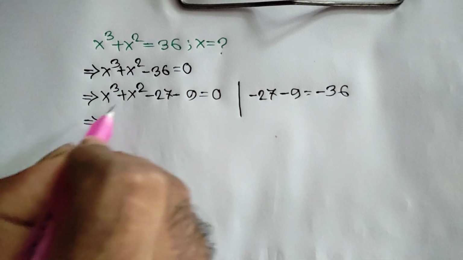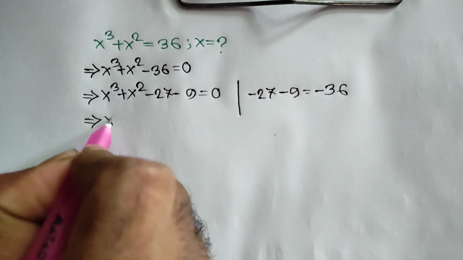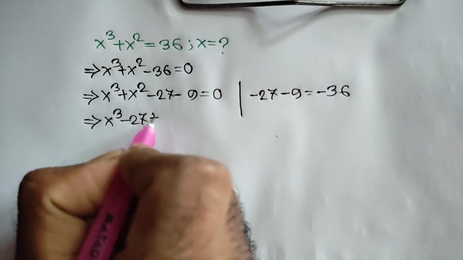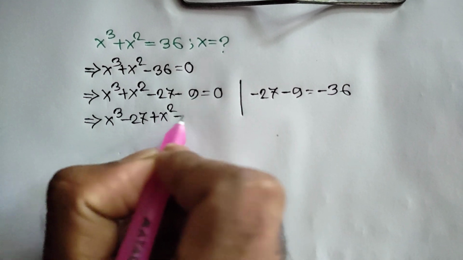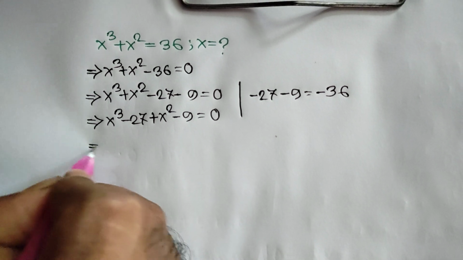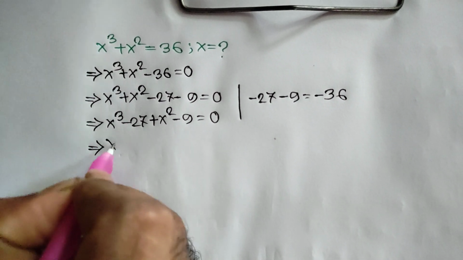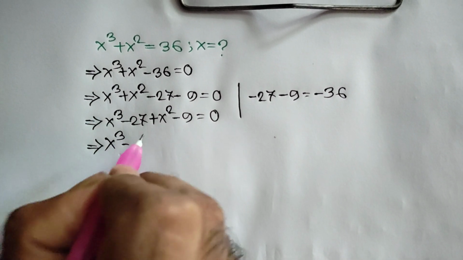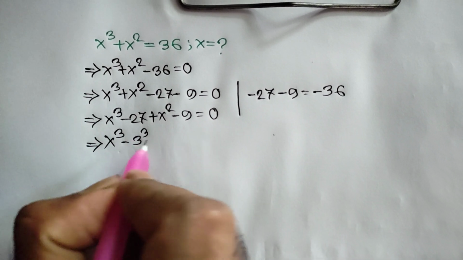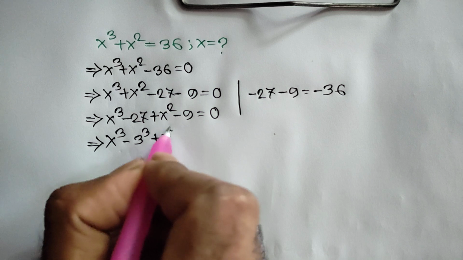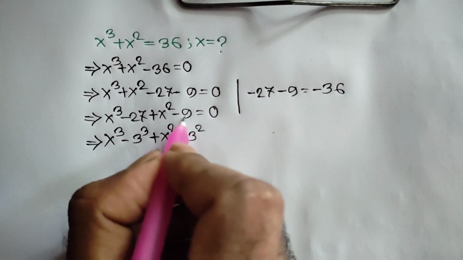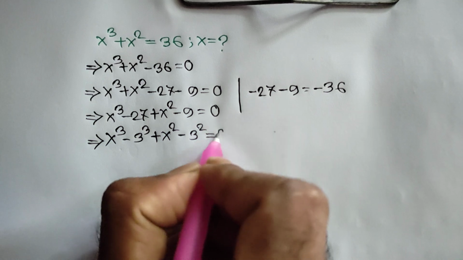Rearranging the left side, we can write x cube minus 27 plus x square minus 9 is equal to 0. x cube minus 27 can be written as x cube minus 3 cube, because 3 cube is 27, plus x square minus 3 square, because 3 square is 9, is equal to 0.